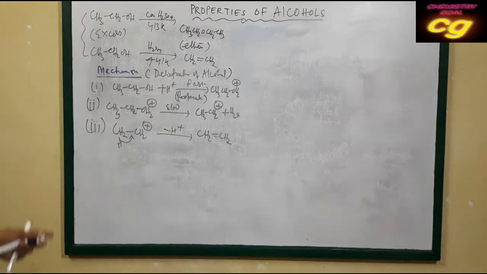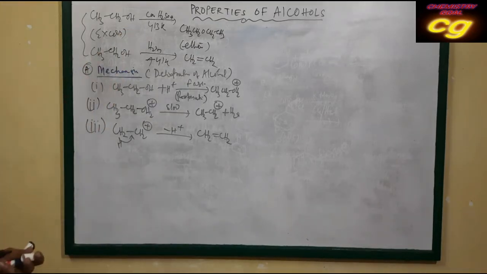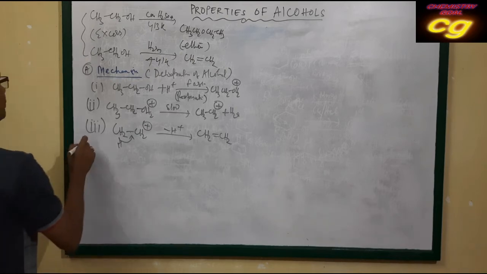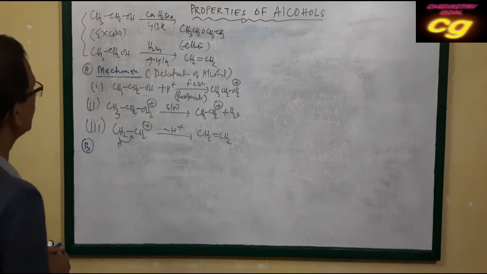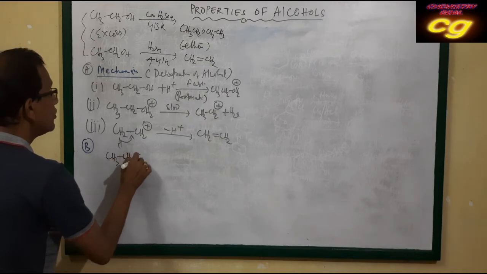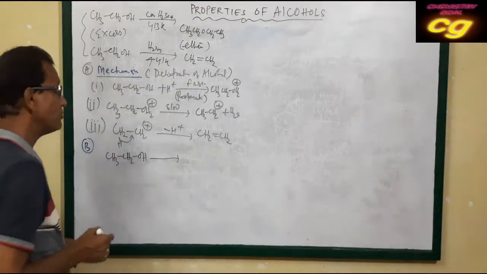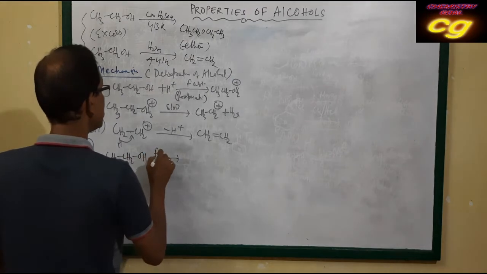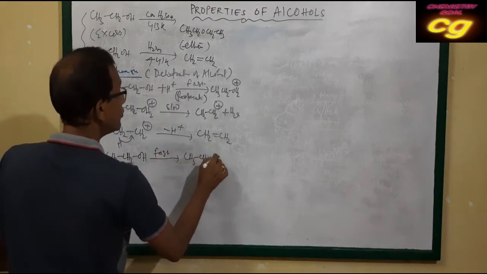But what is the mechanism of formation of ether? Let us discuss, that is also very important. The second mechanism: let the alcohol be CH3CH2OH. The first reaction forms CH3CH2OH2 plus.